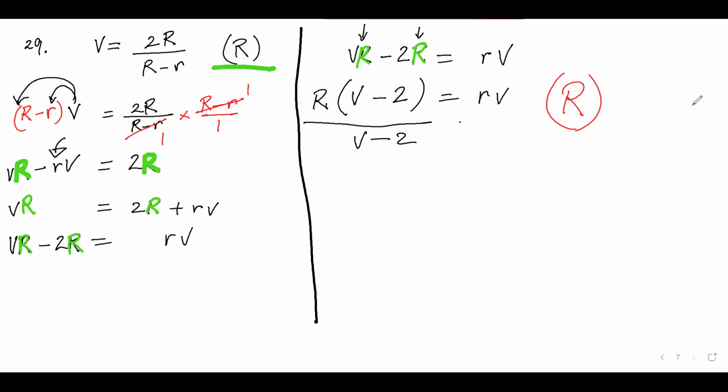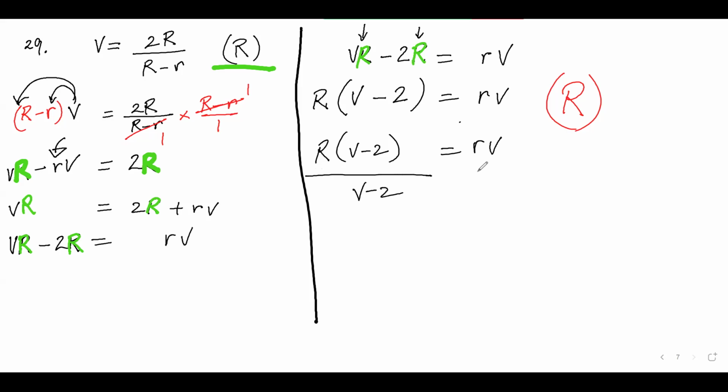Let me write it again so that you could follow. It was R multiplied by V minus 2 equals RV. So we're dividing by V minus 2 on both sides. This and this will cancel, leaving me with 1R. 1R is the same as R. I don't need to put in the 1.